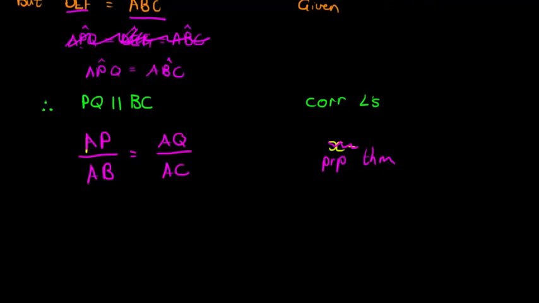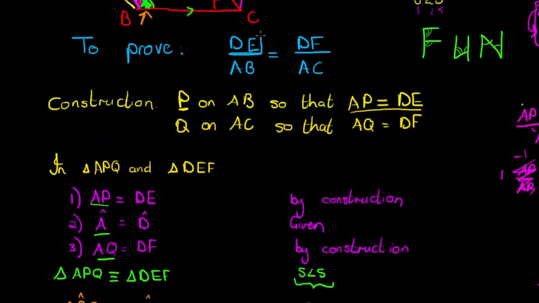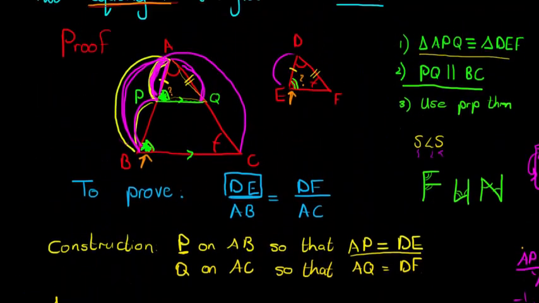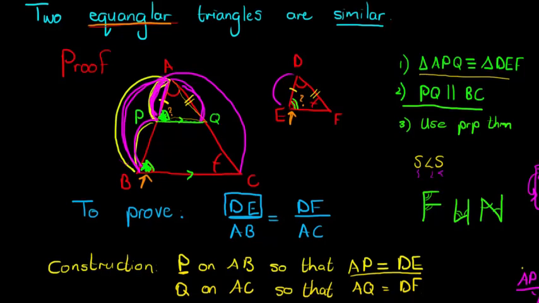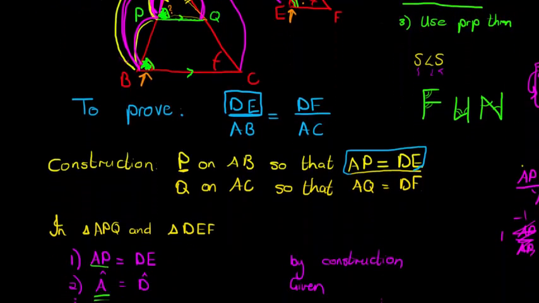And now I can just replace, because that's not what I'm trying to prove. I'm trying to prove that DE over AB, not PB, but AP should be DE. Why is AP equal to DE? Because they are congruent triangles, or we constructed it like that. That was our original construction.